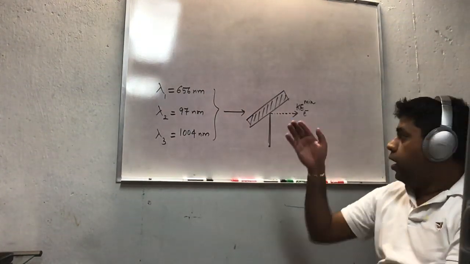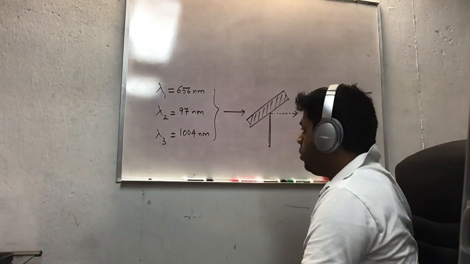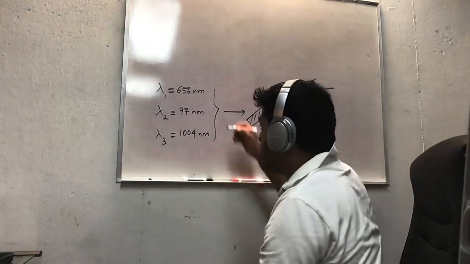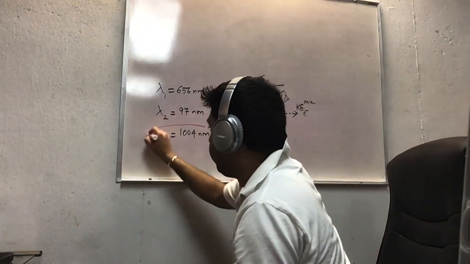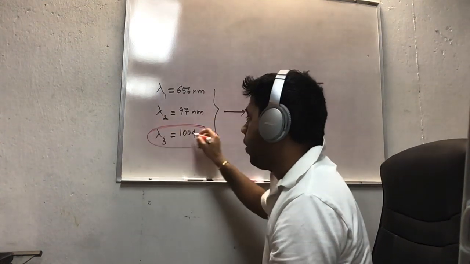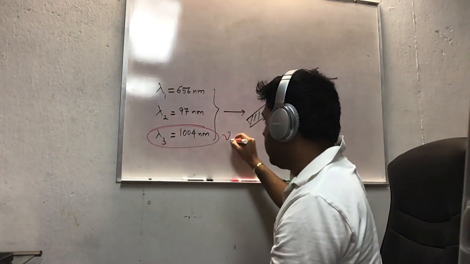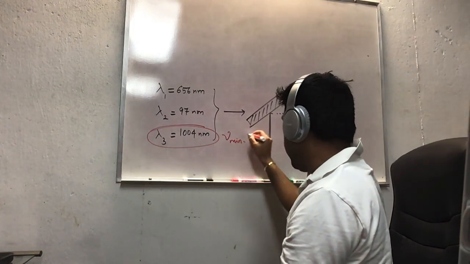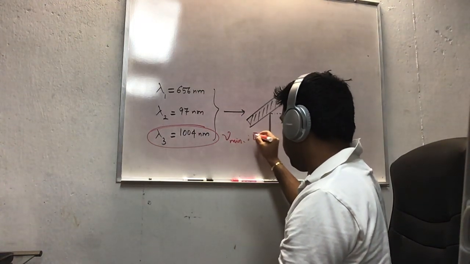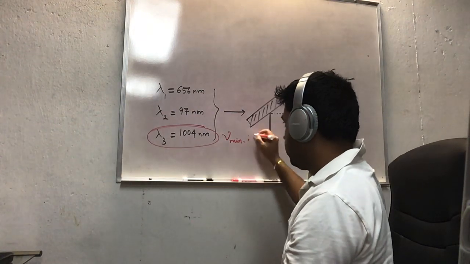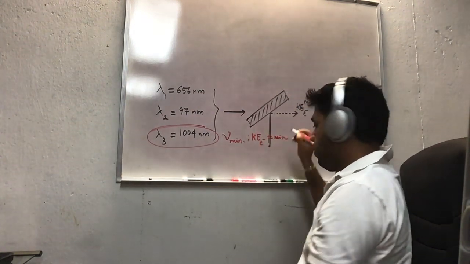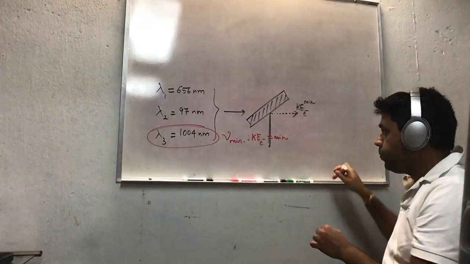So you know the fundamentals. So what I would do is when you have anything about the wavelengths, I would convert these to frequencies. So this is the highest frequency, that's our highest wavelength. So this is the lowest frequency. This is the minimum. If this is the minimum, the kinetic energy would be minimum of this. Make sense?